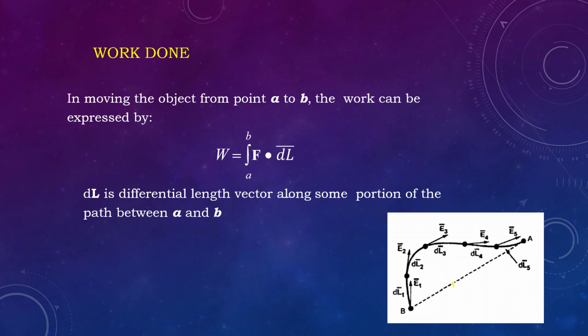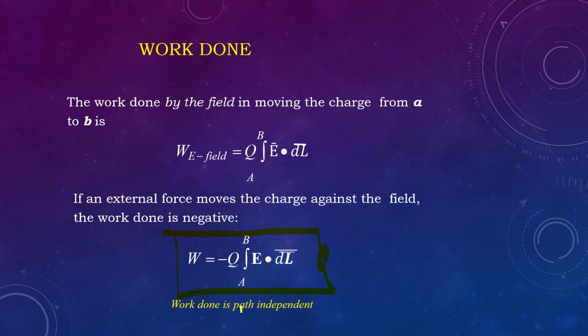You can find the total work done for the straight line path, or you can find the small work done W1, W2, W3, W4, W5 and add them all, and you will get the same work done when you move the same charge from point B to point A. So a very important consideration is that work done is path independent.